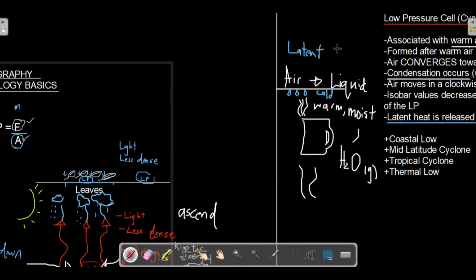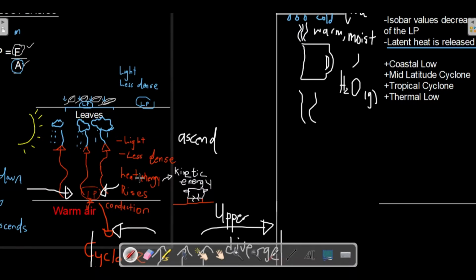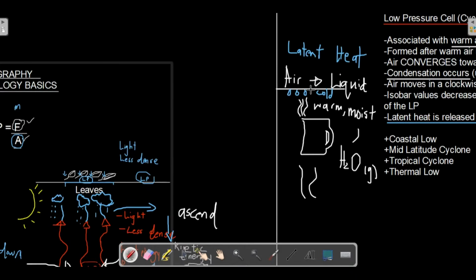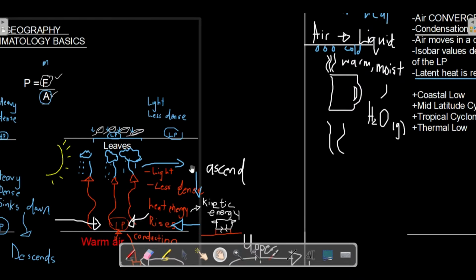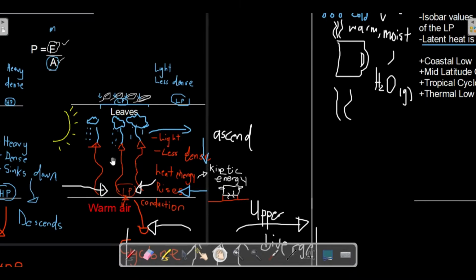So it basically acts as a fuel to support this constant circulation that we see here. It favors this rotation so that it keeps on circulating the way it is. So latent heat basically acts as a fuel to these systems.